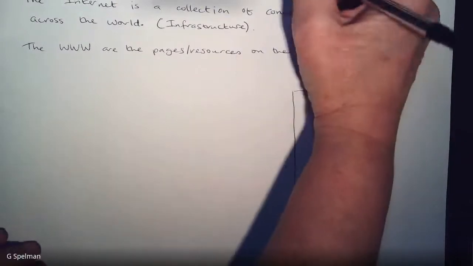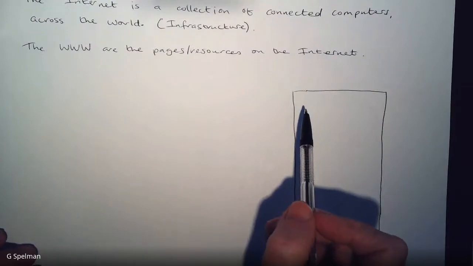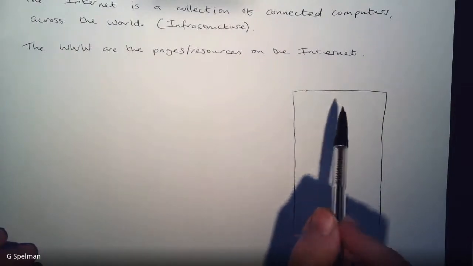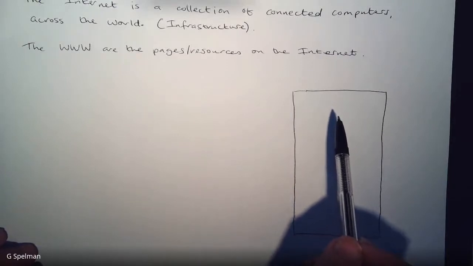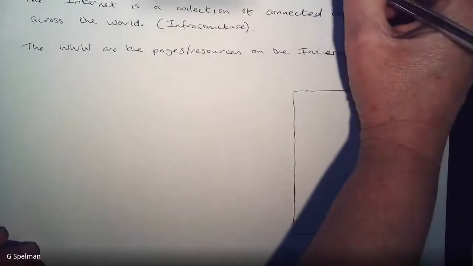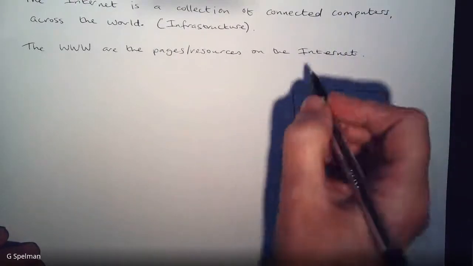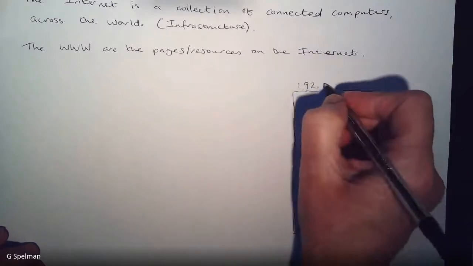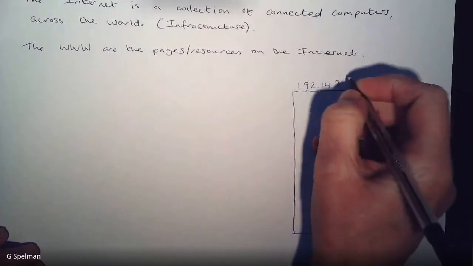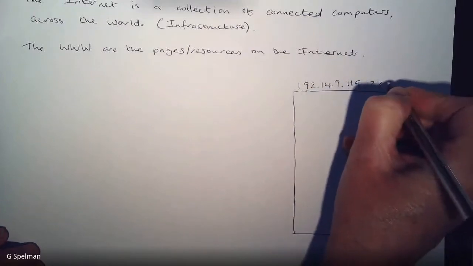So a host computer stores a particular resource on the internet. We're going to use this example as one from OCR, the exam board. Now it has an address. The address that we talk about on the internet is an IP address. So the IP address for this computer is, for example, 192.149.119.226.